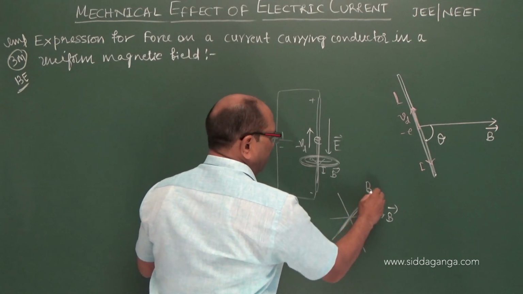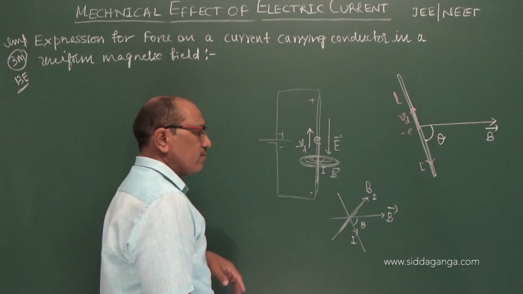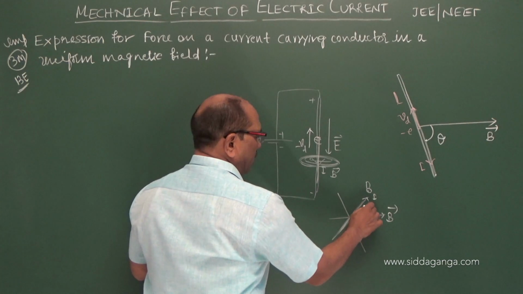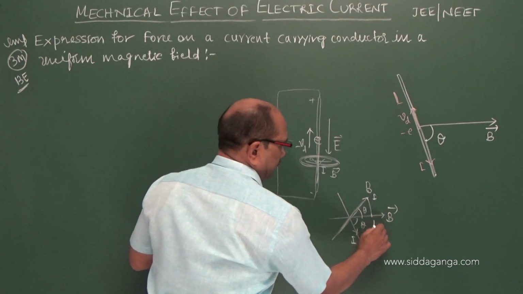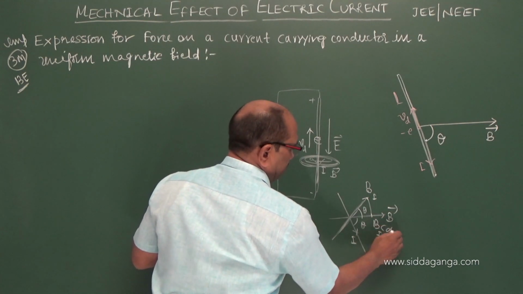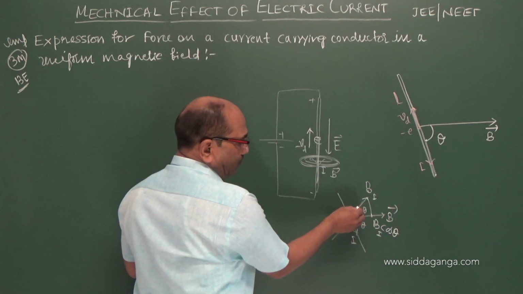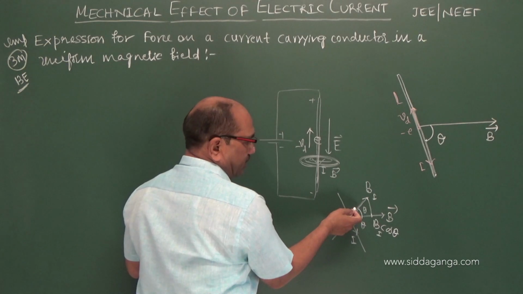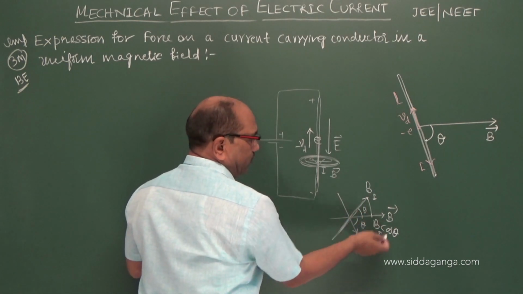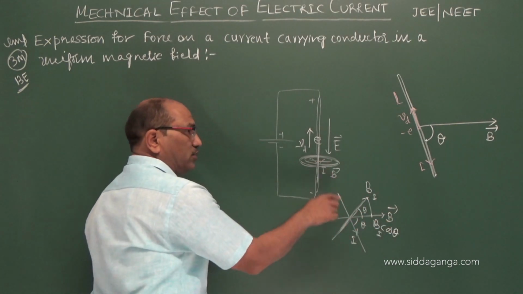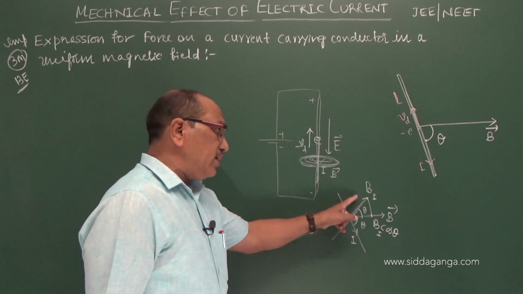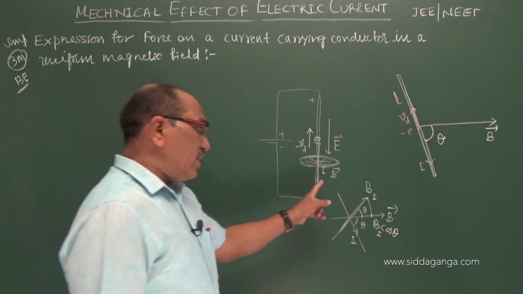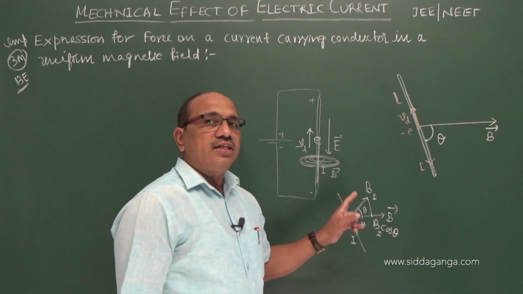This is the magnetic field produced by the current in the wire. So if this is the angle theta, then there is an interaction, B cos theta. The magnetic field of the current carrying conductor is interacting with the field already existing in which you placed the conductor. This interaction makes the wire carrying current experience a force.